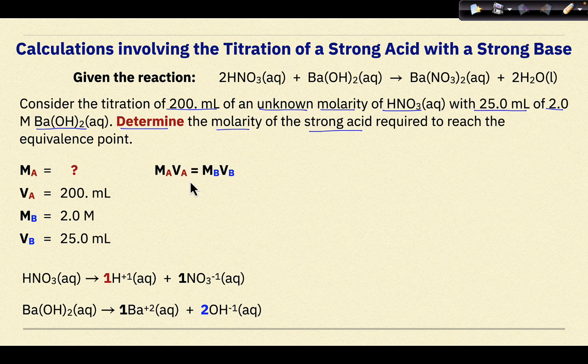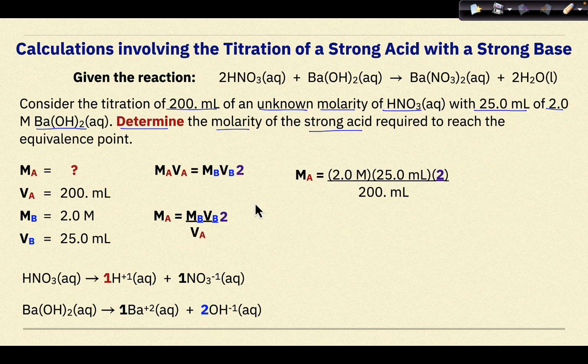So the general formula here is MAVA is equal to MBVB, and we're going to put a 2 on the base side of this formula to say that there is a 1:2 ratio of hydrogen ions to hydroxide ions in solution. We'll rearrange our formula to solve for the molarity of the acid. Then we'll plug in our values from the stimulus.